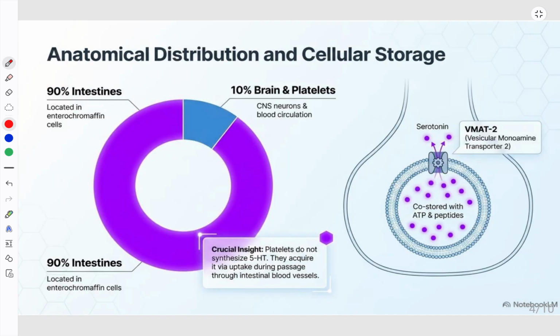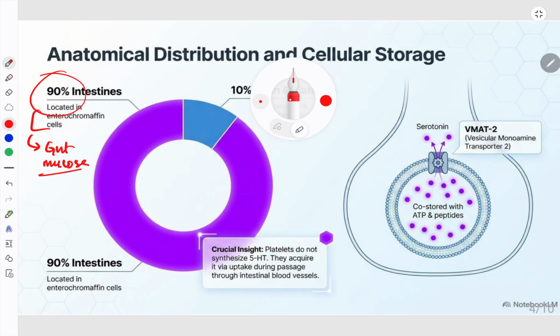Let's look at the anatomical distribution and cellular storage of 5-HT. 90% of the 5-HT is stored inside the enterochromaffin cells in the gut mucosa, whereas the remaining 10% mainly lies in the brain and platelets. In the brain, it is stored mainly in the serotonergic neurons, and it is available in the platelets through the blood circulation.